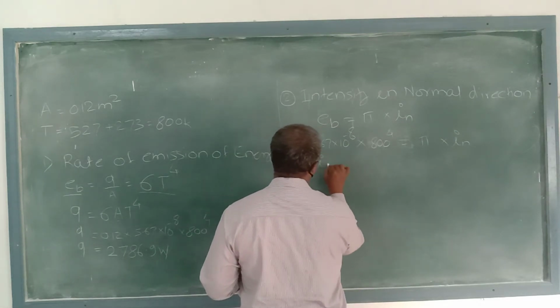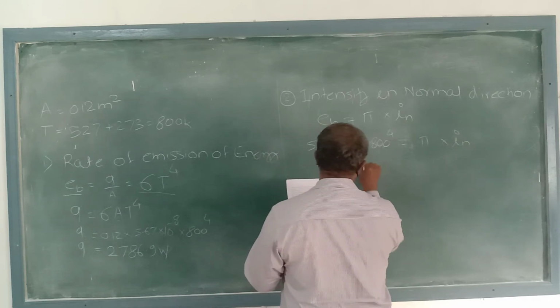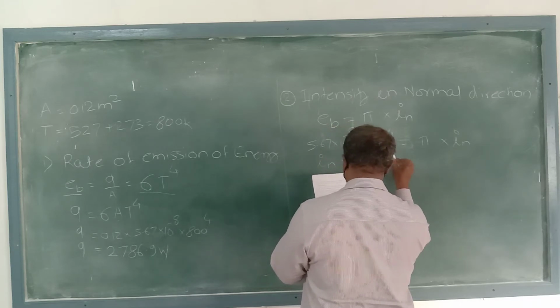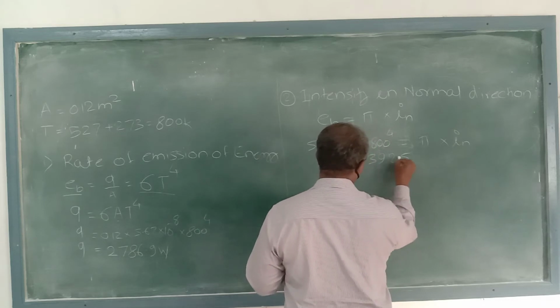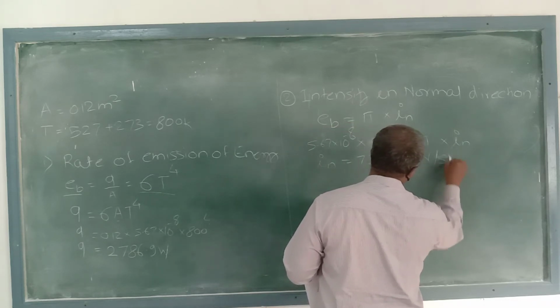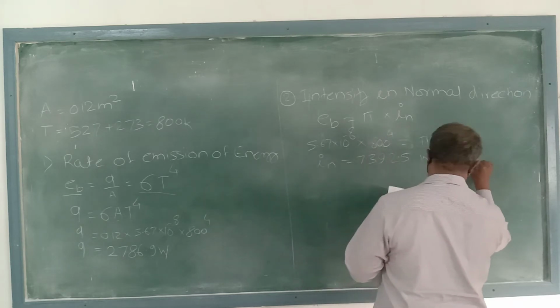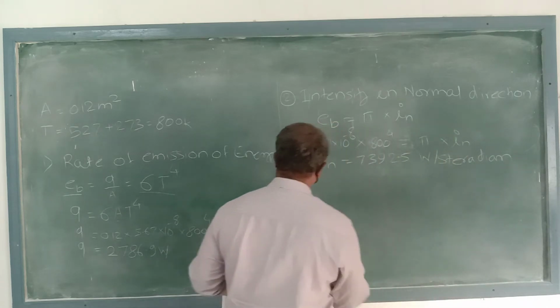After solving this, we are getting the intensity in normal direction as 7392.5 watt per square meter steradian.